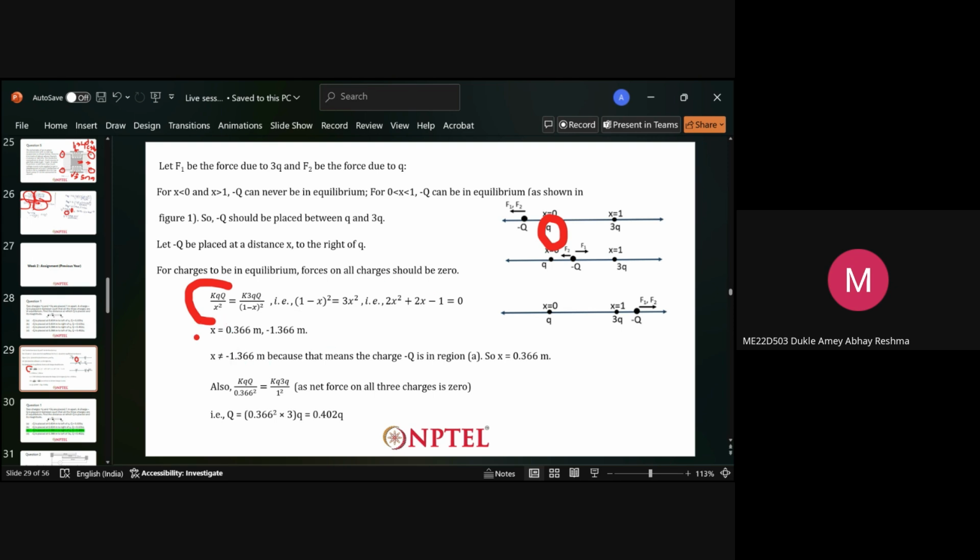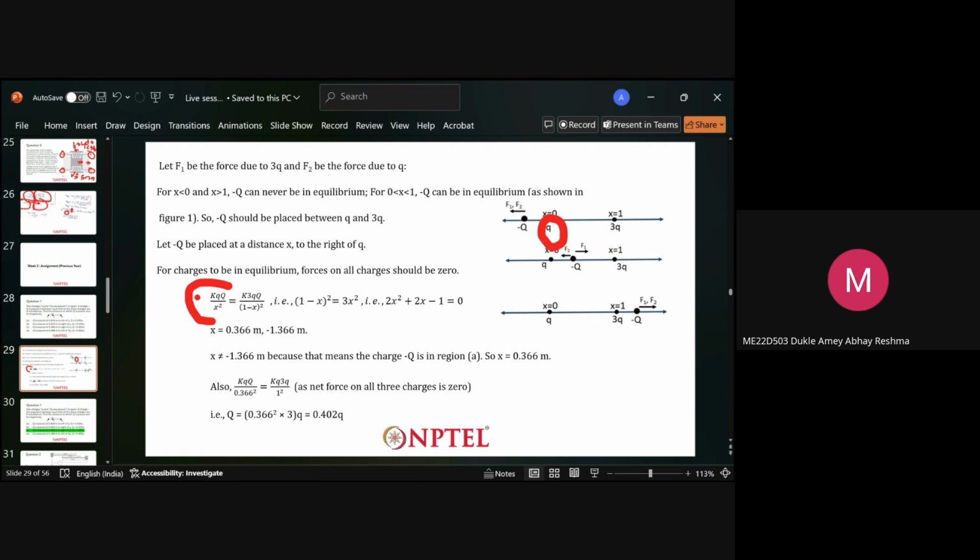So x can be 0.366 and minus 1.366 meters. But minus 1.366 meter will not be feasible because it will be out of the charge region. That is why we are selecting the value of 0.366, because it's a negative charge. It has to be in the center of the two charges so as to get the equilibrium.